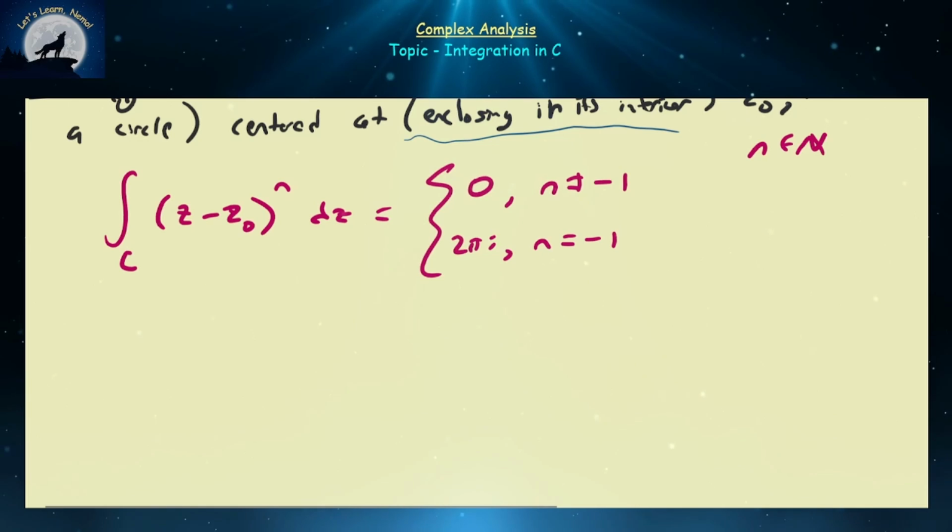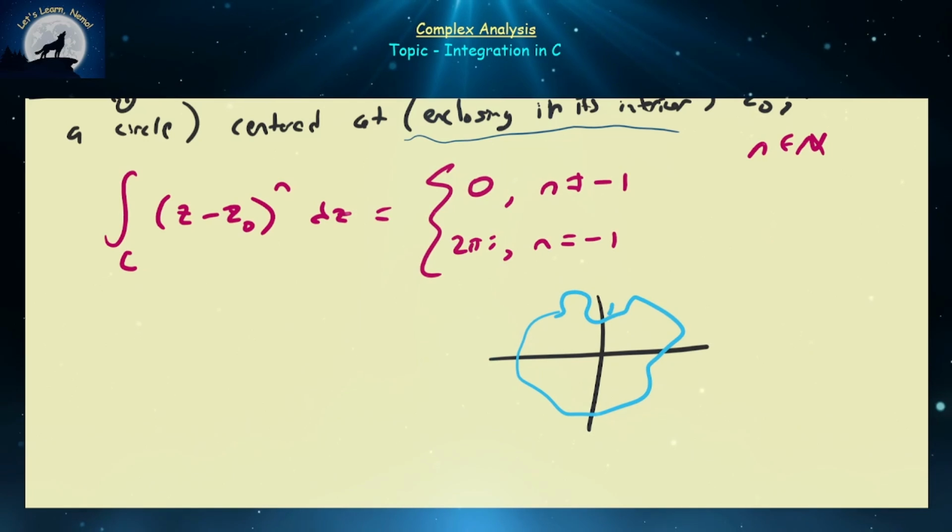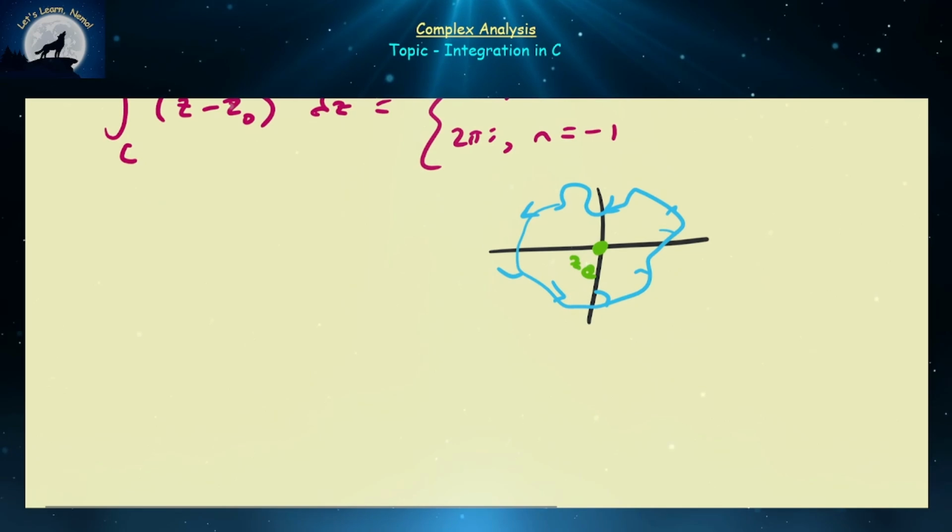As long as you have some path C that's closed and positively oriented, and the center z naught is located in the interior of that closed contour, this integral will be equal to 0 as long as that power is not equal to -1, and if it is -1, then it's going to be 2 pi i. All right, so that's a very interesting result.